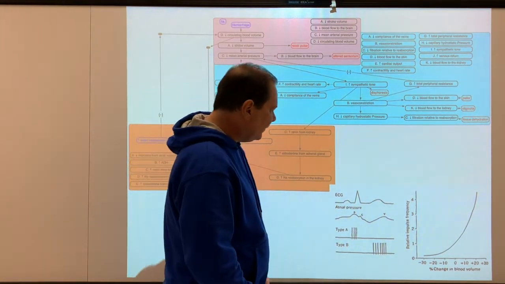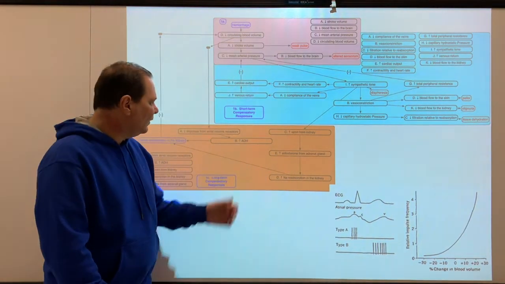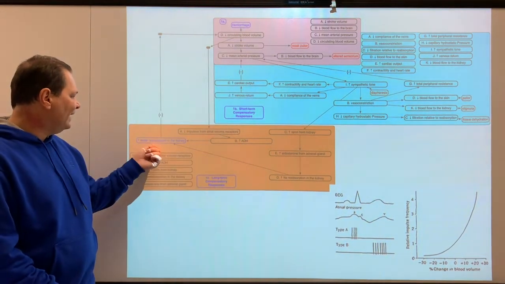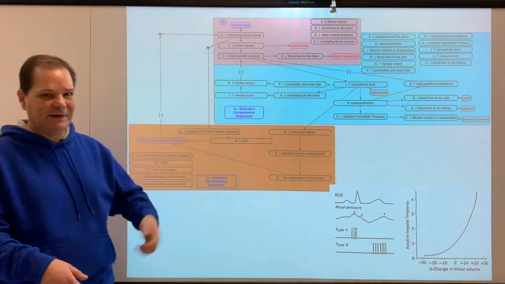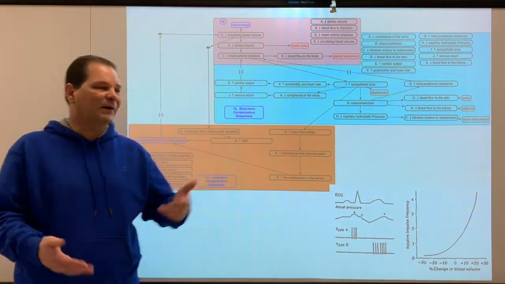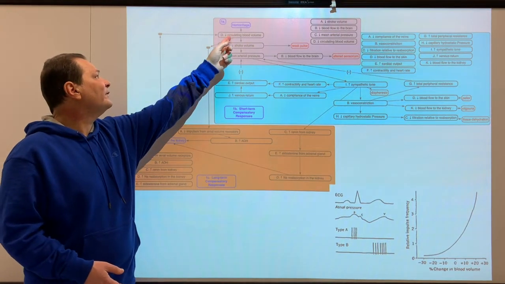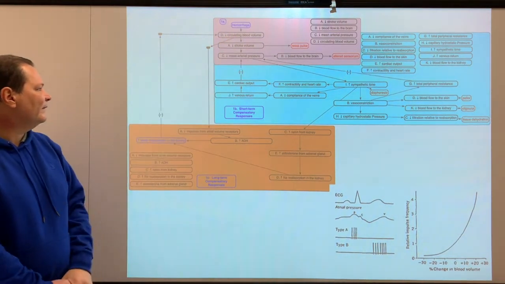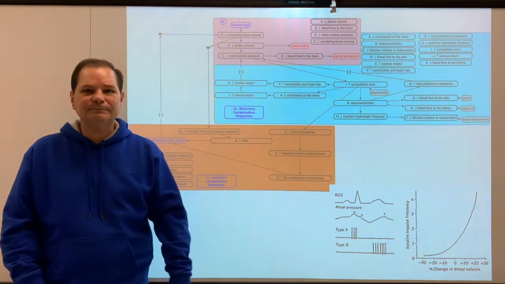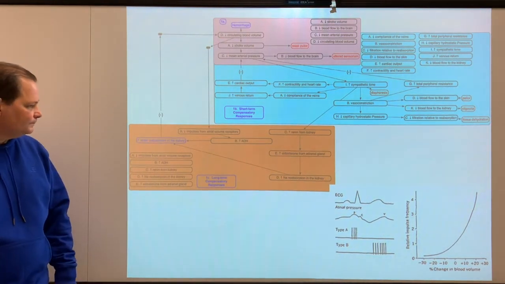Okay, so we get more ADH release. That increases water reabsorption from the kidney. That helps you recover your blood volume as well, which will help reverse the decrease in circulating blood volume. Okay, so there you go. All right.